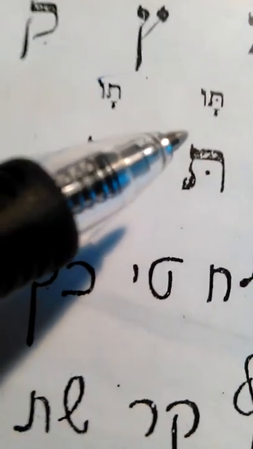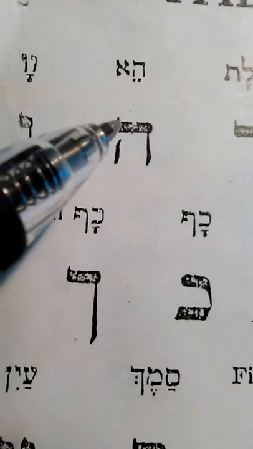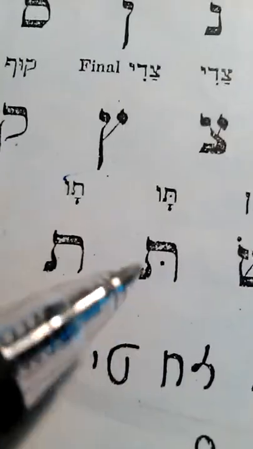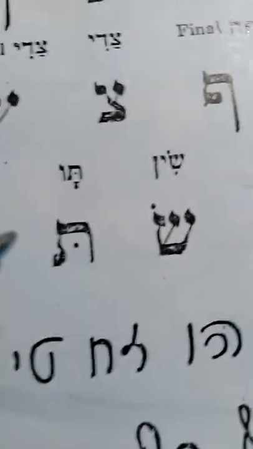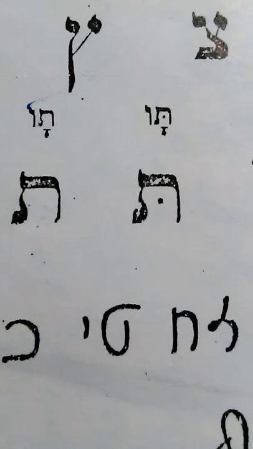There are 22 letters in the Hebrew alphabet, and of the 22 letters, the 5th letter, which is hey, and the 22nd letter, which is tau, tau meaning sign, hey meaning behold or window, all right? And what that simply means is that those are feminine letters, hey being the weaker of the two.